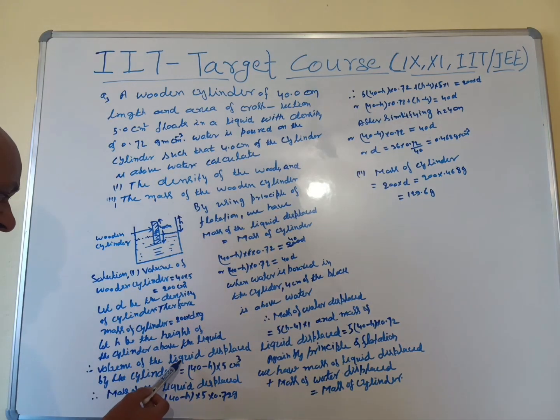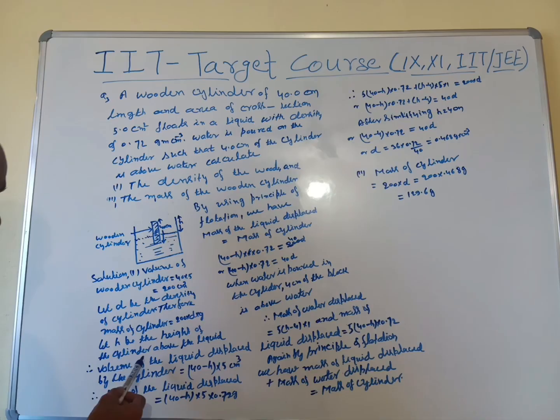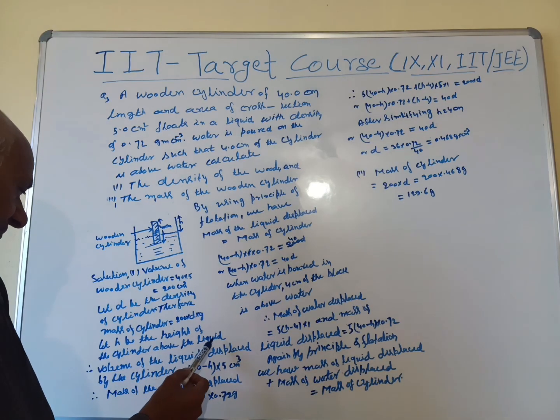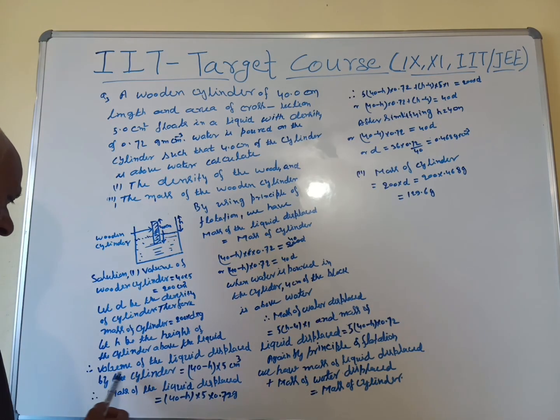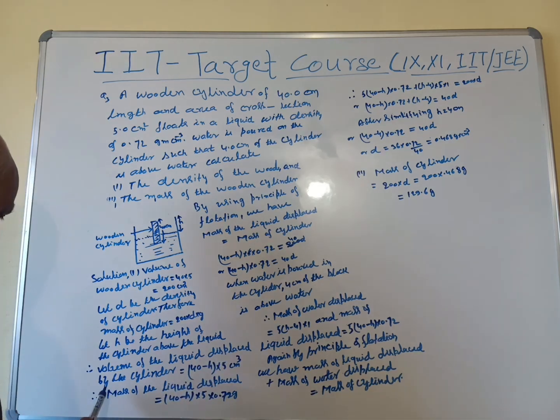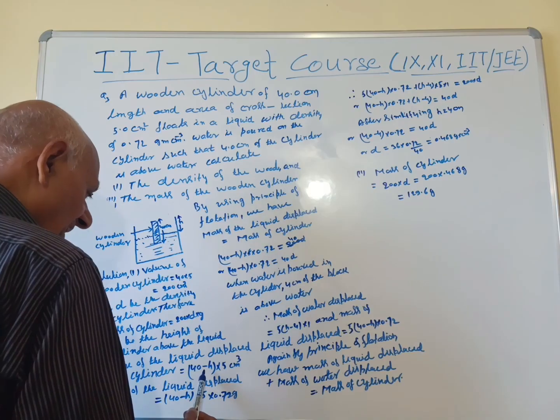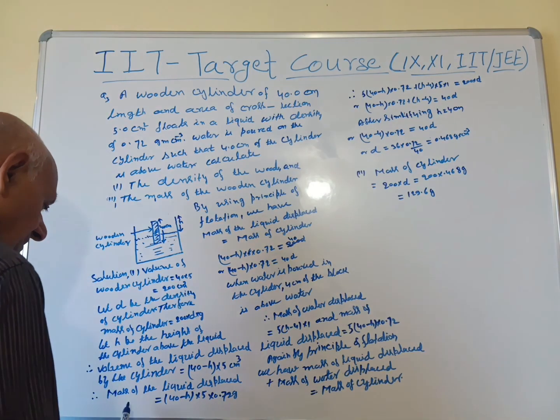Volume of liquid displaced by the cylinder equals 5 of 40 minus h cubic centimeter.